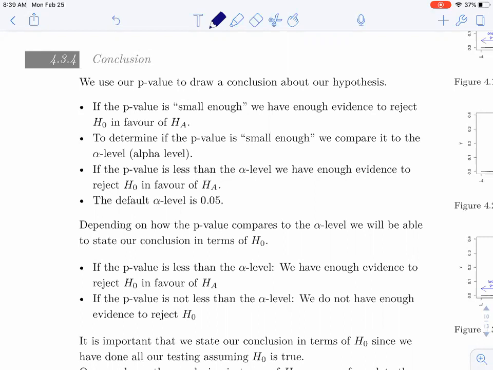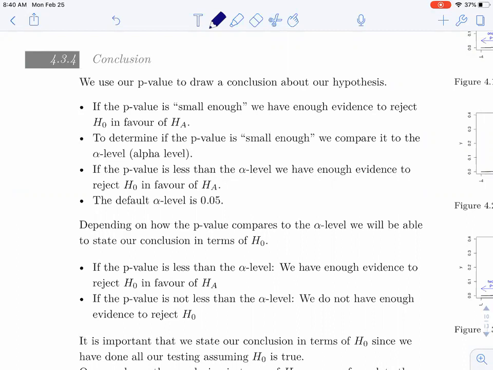So here, we're comparing the p-value to the alpha level. Depending on how the p-value compares, it can either be less than the alpha level or not less than the alpha level. Notice that I'm just saying it's less than or it's not less than. That's going to help you structure your sentence, because then you only need to make minor tweaks.